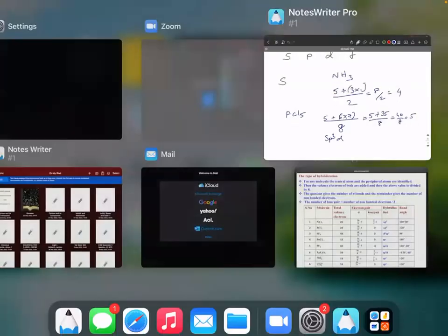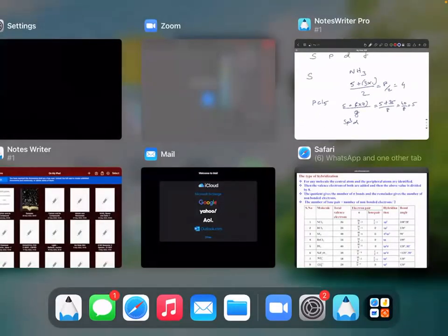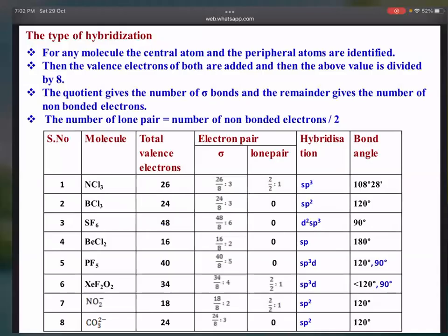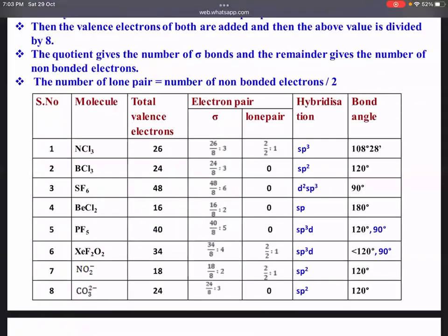Look here. NCl3, nitrogen 5, chlorine atom 7. 3 sevens are 21. 21 plus 5, 26. 26 divided by 8: 3 eights are 24, remainder 2. So 2 by 2 will give 1.